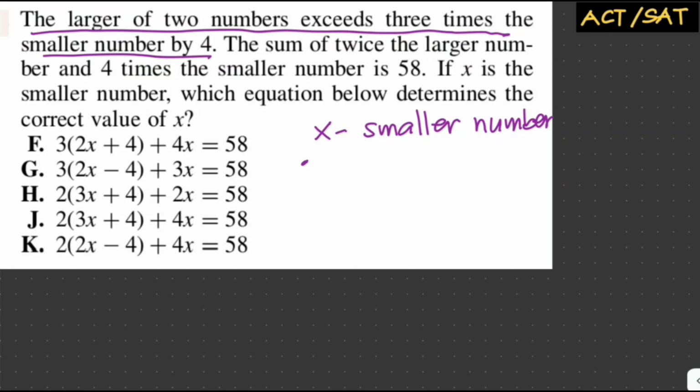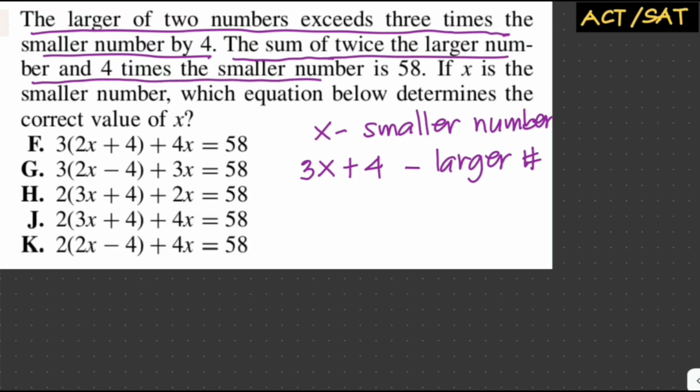So that would be 3 times the smaller number, which is x, exceeds by 4. So that is plus 4. So this is our larger number. And it's stated here that the sum of twice the larger number and 4 times the smaller number is 58. So let's write this mathematical sentence into a mathematical equation.